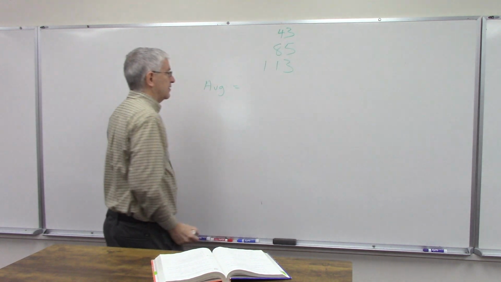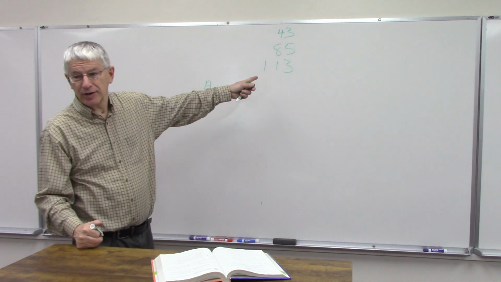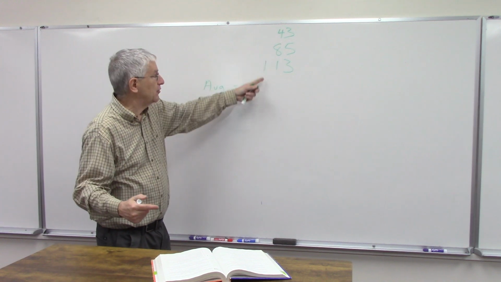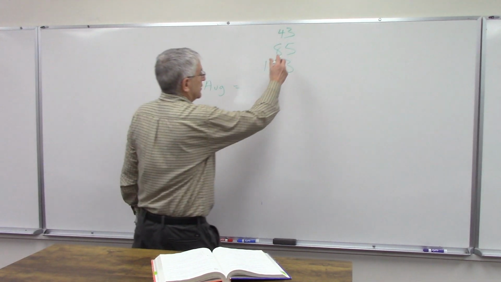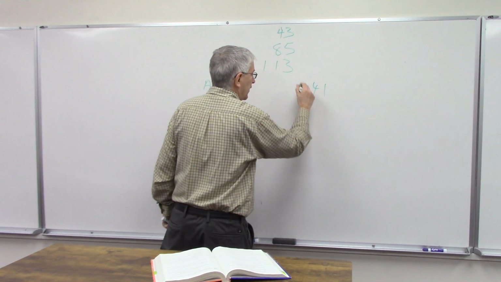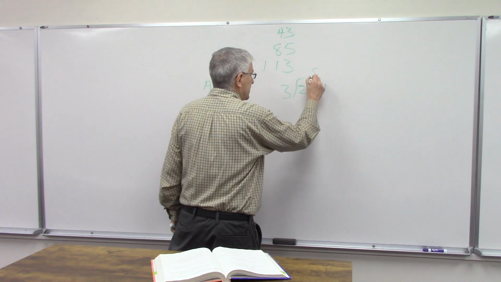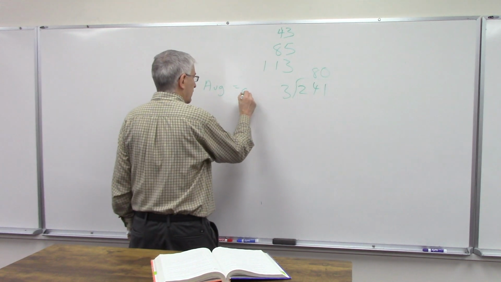This is Penn State football. So there's three guys. So how do we get the average of those three? Add those three up. So that's 241, and divide by what? 3. So that's 80 and 1/3, all right?